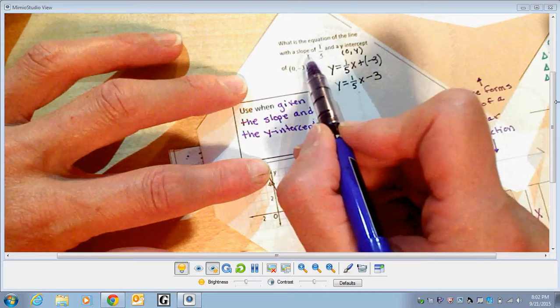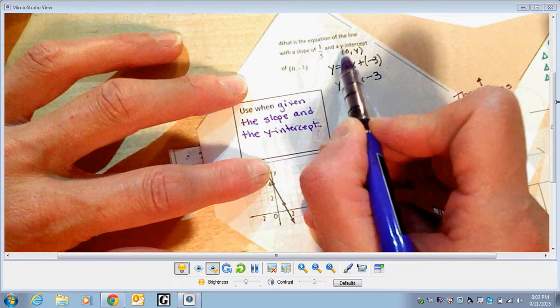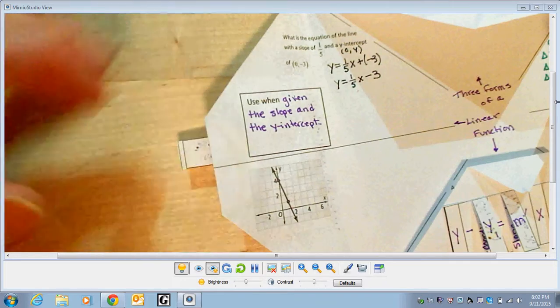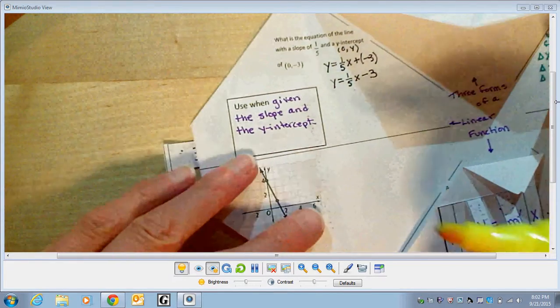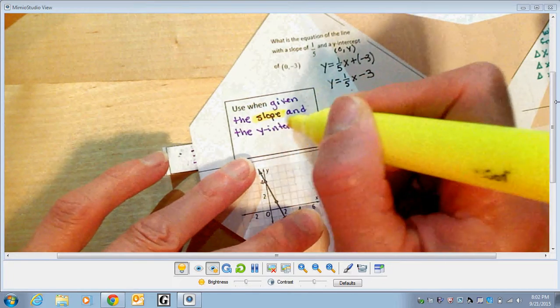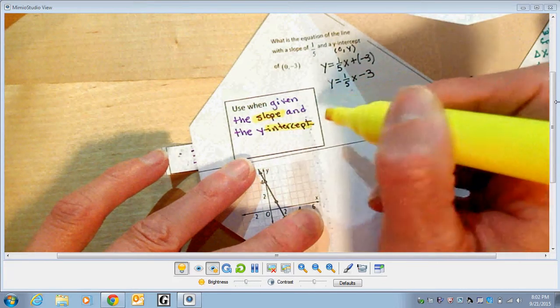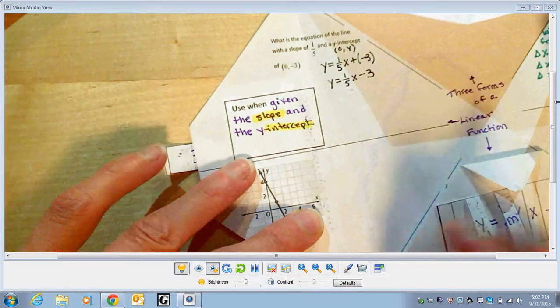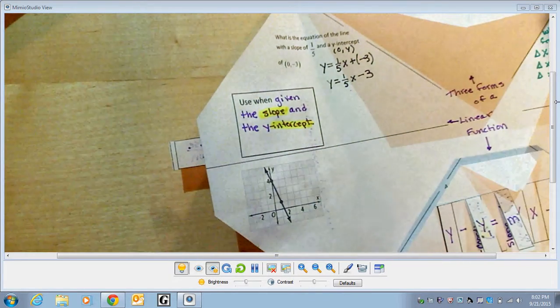So whenever you're given the slope and you're given the y-intercept, you'll use slope-intercept form. So I'm going to go ahead and highlight the word slope and the word intercept. Okay? So slope-intercept form, right? When you're given those two things.